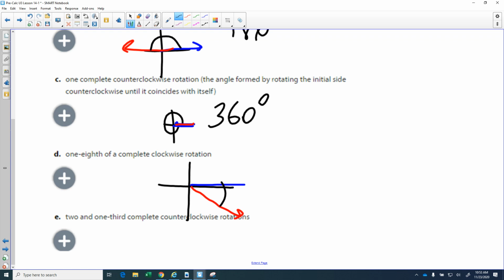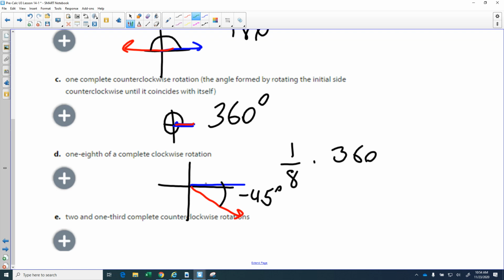An easy way to do this is to multiply 1/8 by 360 since it's 1/8 of the total. If I work that out, I would get a value of -45 degrees. Now understand, it's a negative angle because I'm working backwards from the initial side. The terminal side went backwards, so that's a -45-degree angle.